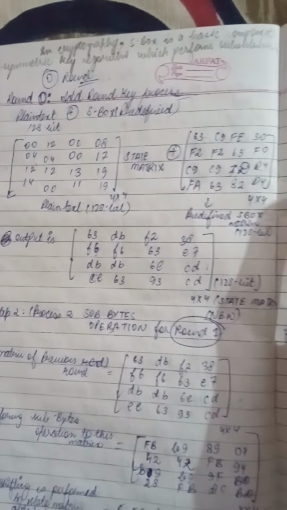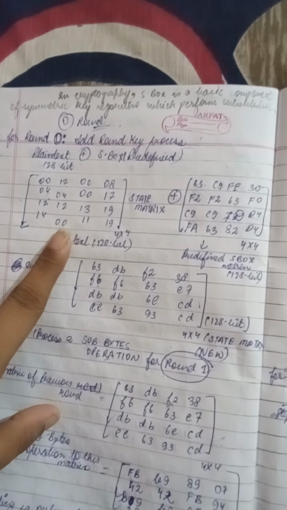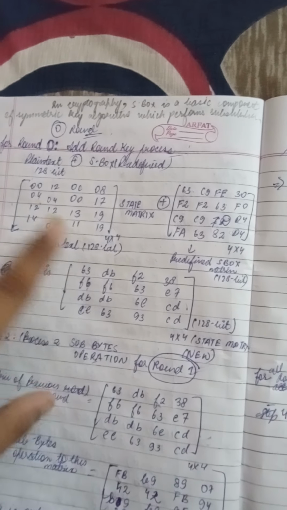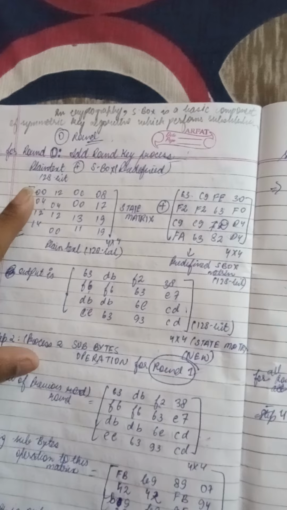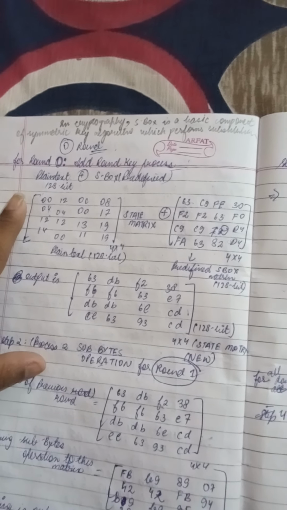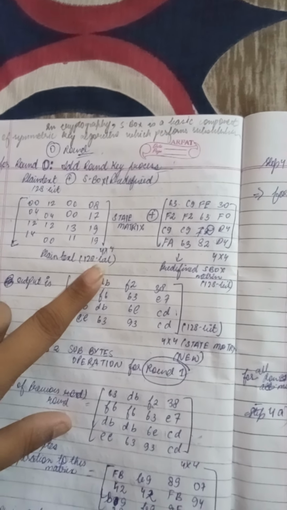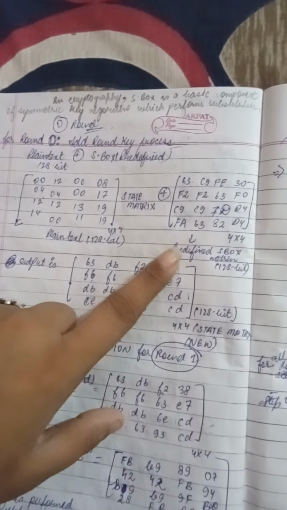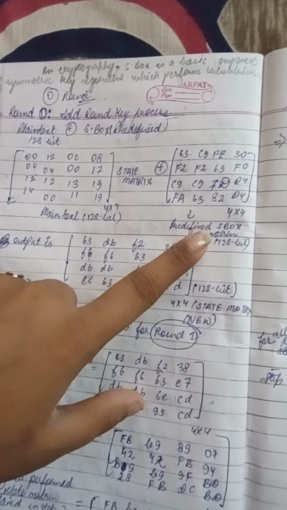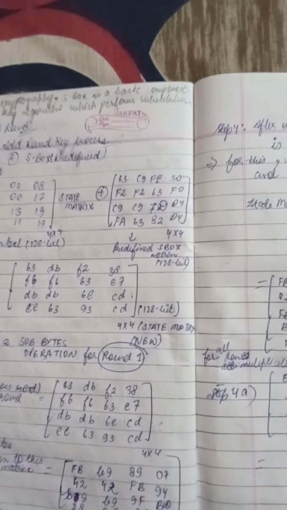For this we have a 128-bit plain text. You can see over here that it is a 4x4 matrix and it is a 128-bit matrix. Each cell of the matrix consists of 8 bits, so the 4x4 matrix will be 128 bits in total. And as I have already said, we have utilized the S box, which is a 16x16 matrix.